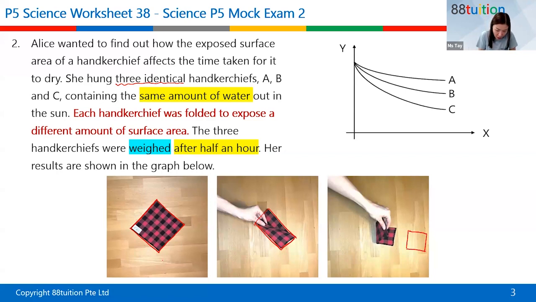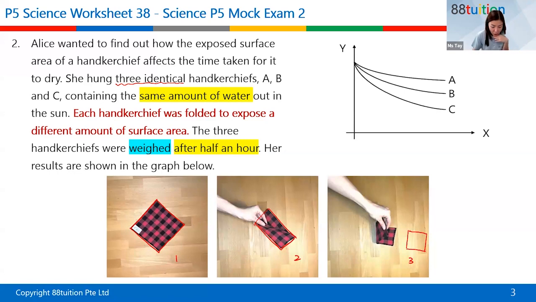If this is handkerchief 1, handkerchief 2, and handkerchief 3, which one? Handkerchief 1 will dry the fastest. What does it mean to dry the fastest? The water will be lost fastest, right?